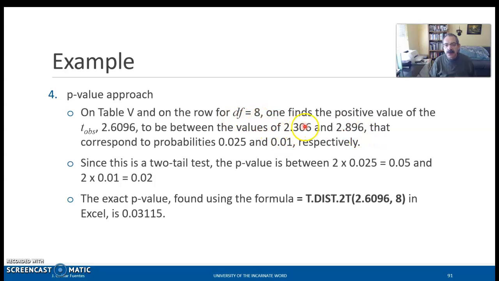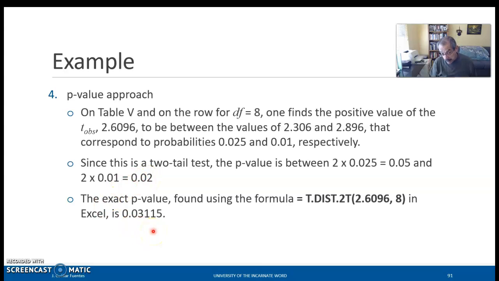The 2.306 corresponds to a probability of 0.025, and 2.896 corresponds to a probability of 0.01. Now, because this is a two-tailed test, the p-value is 2 times these probabilities. So then we can say that the p-value is between 0.05 and 0.02.